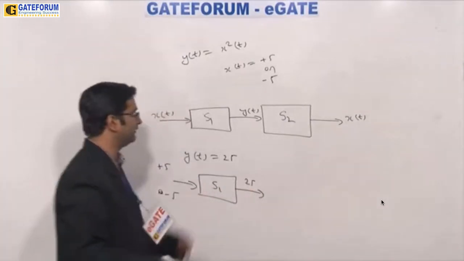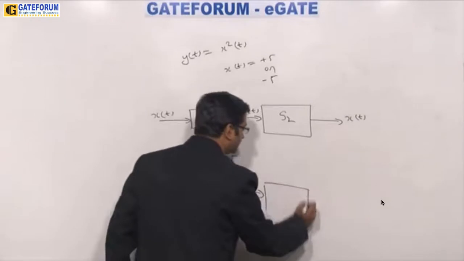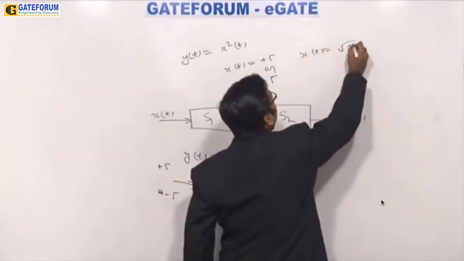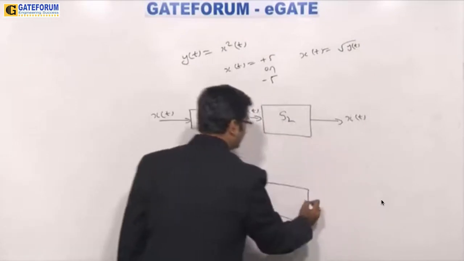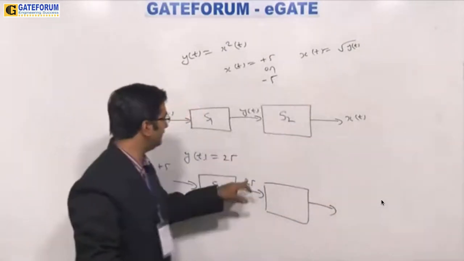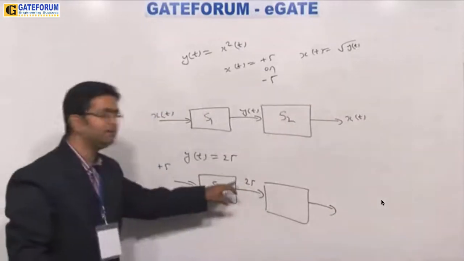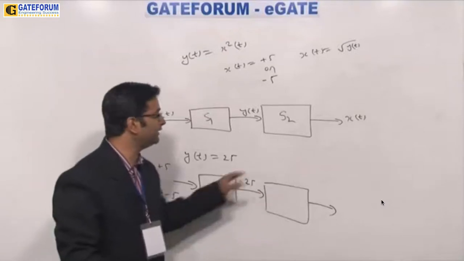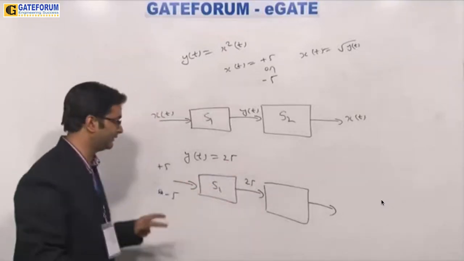Both values are giving me 25. Now if this 25 is input to another system, let's say x of t equals root of y of t, then whether this 25 has come from plus 5 or from minus 5 cannot be determined, right? That means in this case the system cannot be an invertible system.